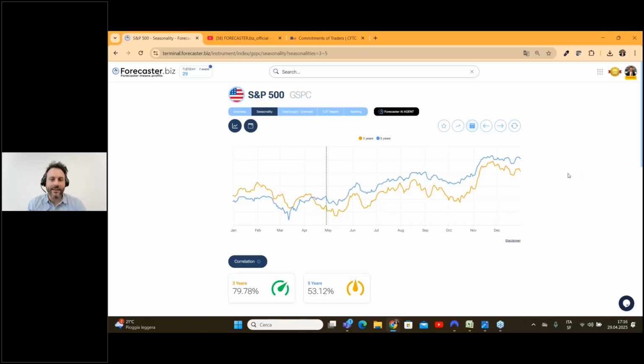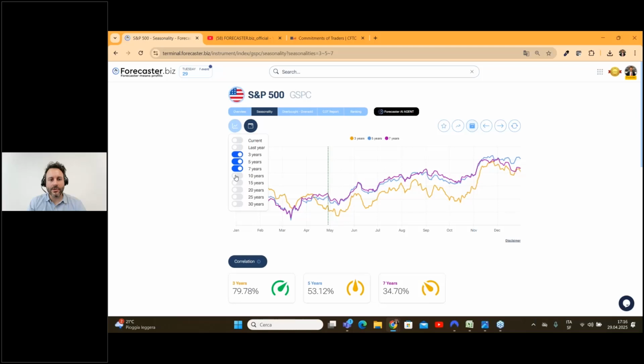This was the only layer we had at the beginning, and this is something really amazing because seasonality is a very powerful tool. As you can see, by default you have 3 and 5 year seasonality, but of course you can add all the other seasonalities and you can go up to 30-year seasonality.